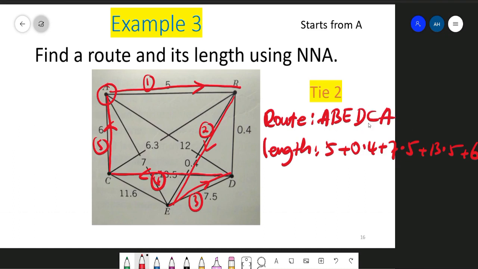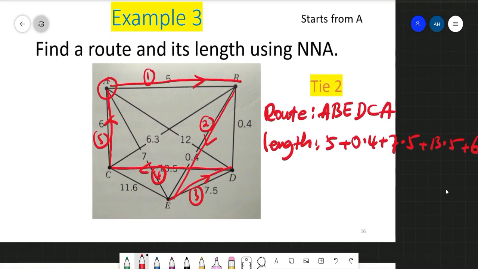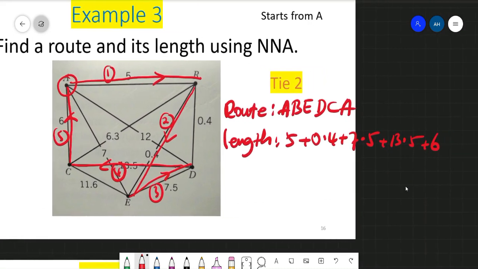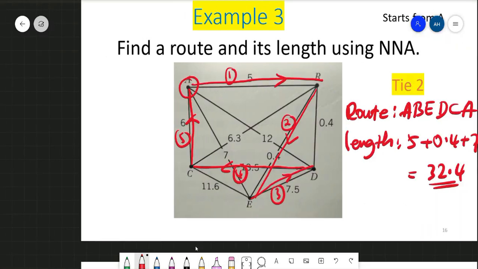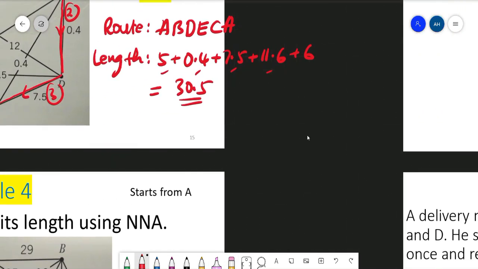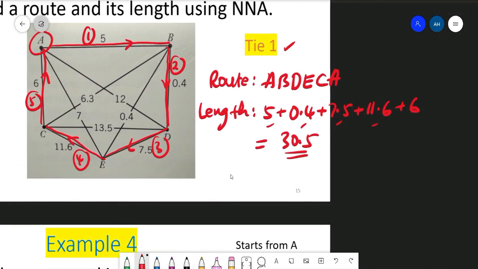This is the route, and this is the length, and the total length this time, if we add them together, is 32.4. Now if we compare, tie number 1, where is it? Yeah, here it is. Tie number 1, the total length is 30.5.